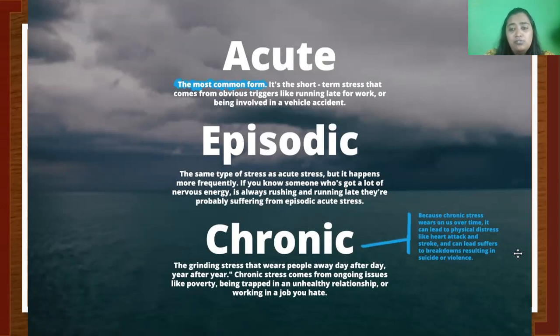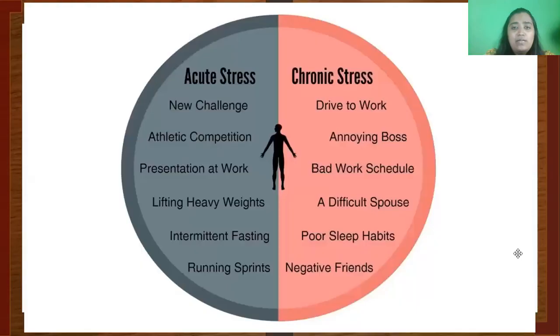Because of that stress, you are always constantly tired. You have physical distress. You experience a lot of tiredness, and it can even lead to conditions like heart attack, stroke, and all of that. So it is very important that we see how to manage these kinds of stress.